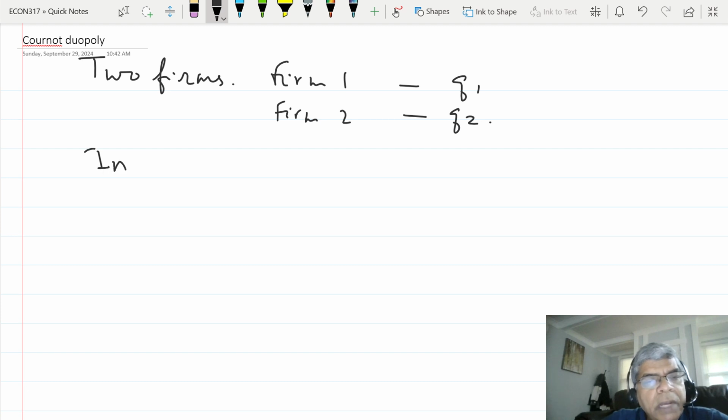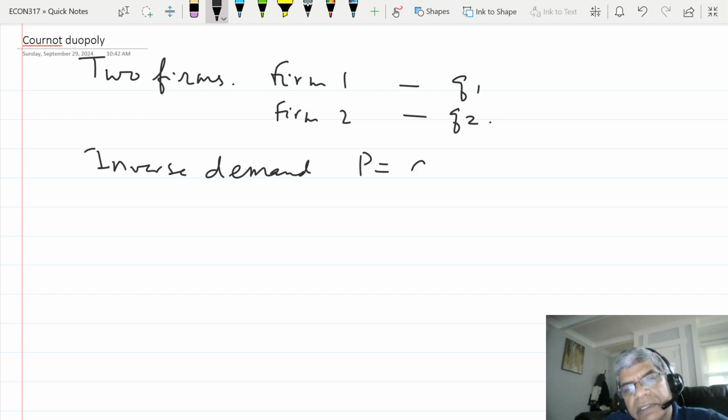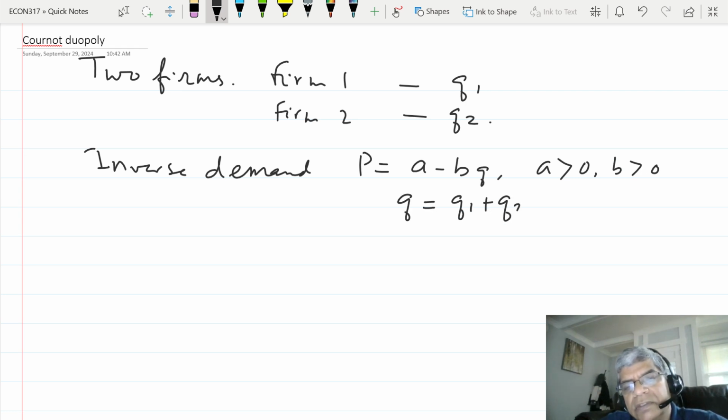The inverse demand is given by price equal to A minus BQ. A is positive, B is positive. Also, the quantity Q is the sum of quantities sold by each of these two firms.